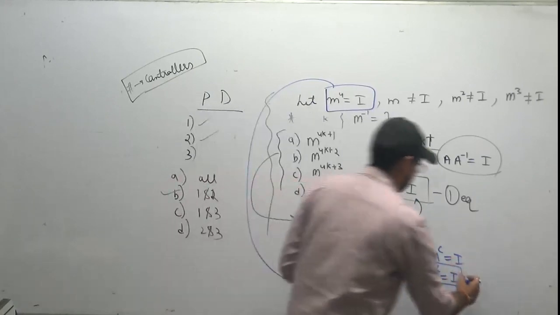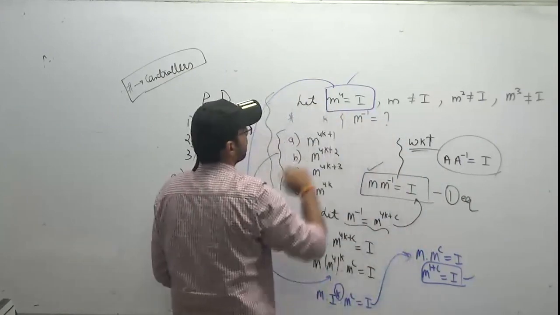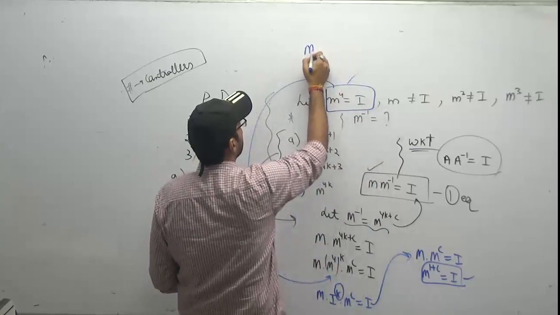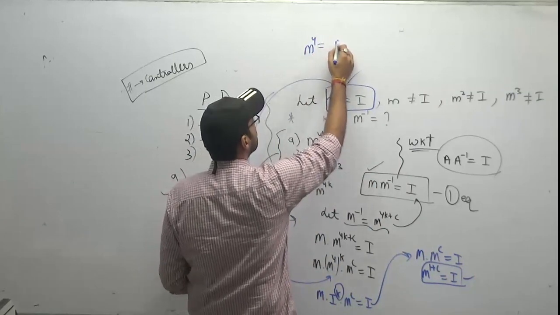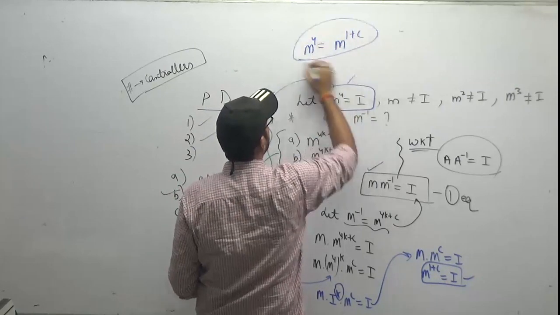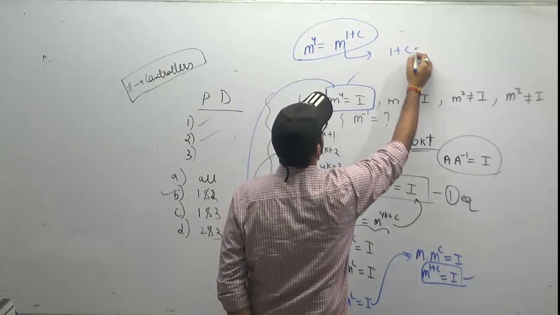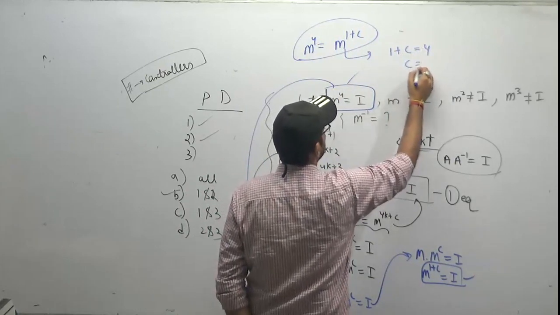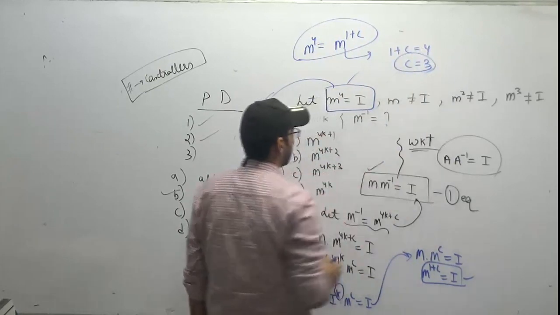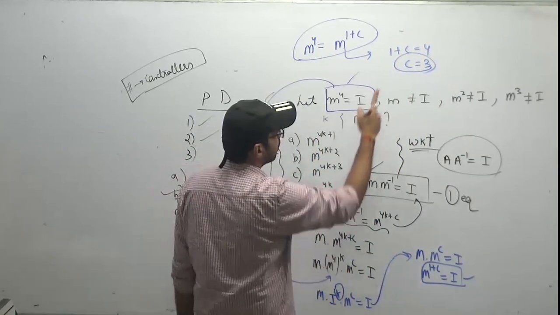We got this equation. We can compare this equation with this equation. What will we get? M power 4 is equal to M power 1 plus C. By equating this, 1 plus C is equal to 4, so C is equal to 3. So from there we get the value of C, and that is equal to 3.